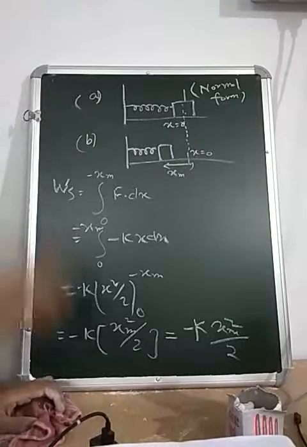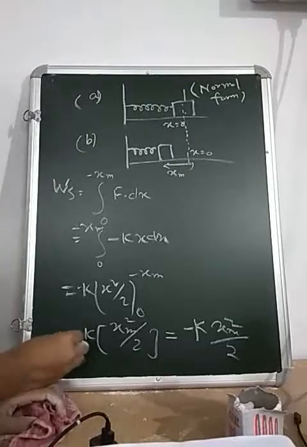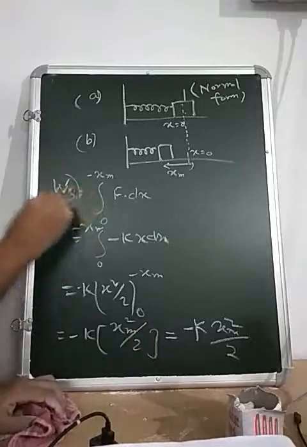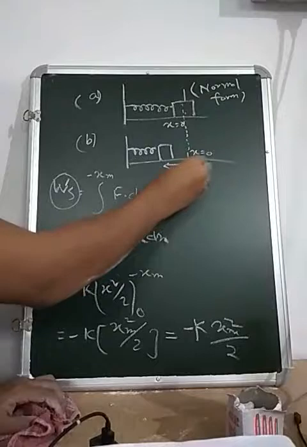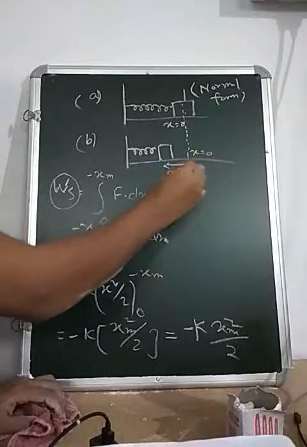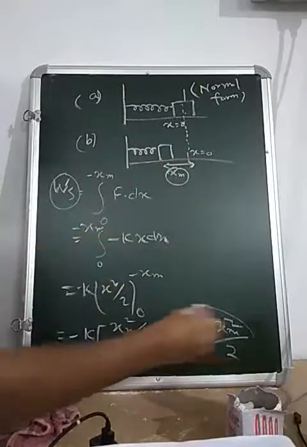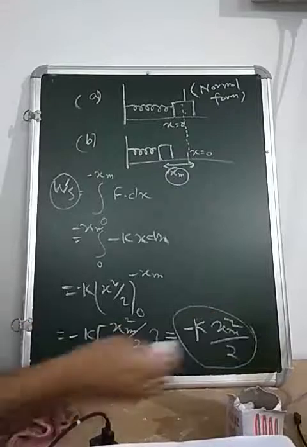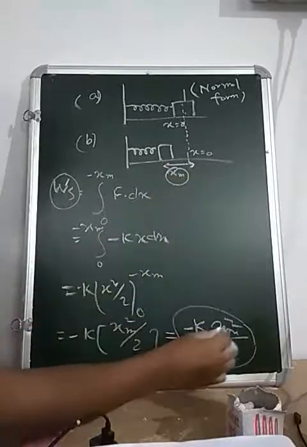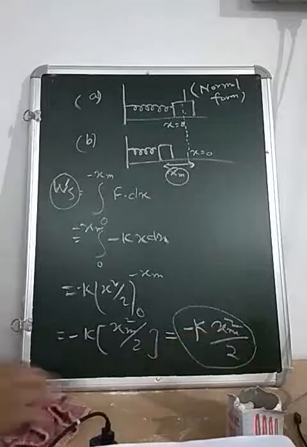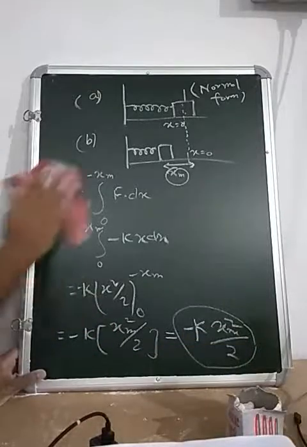So work done by the spring in case of compression up to xm amount, or in case of displacement of the spring up to xm amount, is the same as earlier. Work done by the spring due to this compression is minus k into xm square by 2.